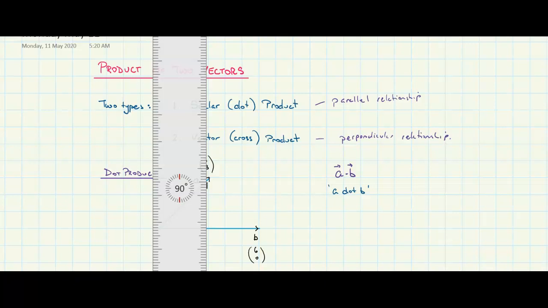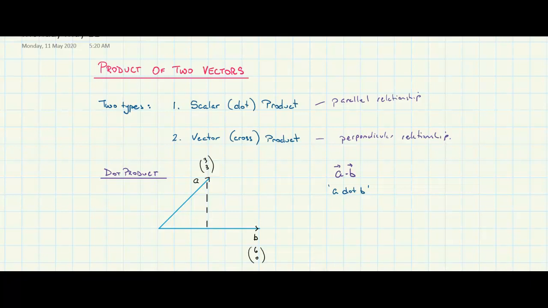So if I project A onto B, like so, with a little right angle here, the dot product of A and B is going to be the length that A projects onto B, this little length here, multiplied by the length of B.